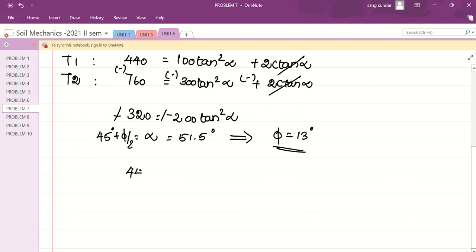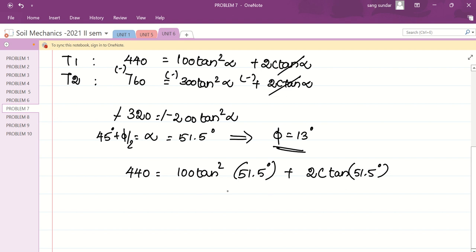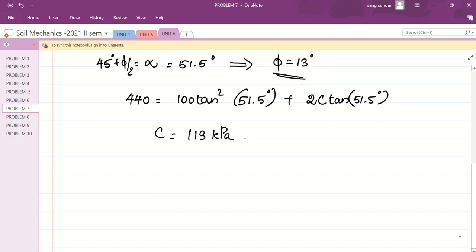For example, I'll just do here 440 equals 100 tan square 51.5 degrees plus 2c tan 51.5 degrees, right? So if you solve this, you will get c value as 113 kPa, right? That's it.